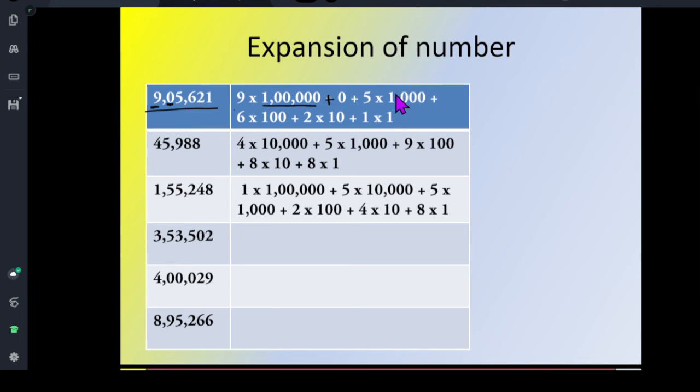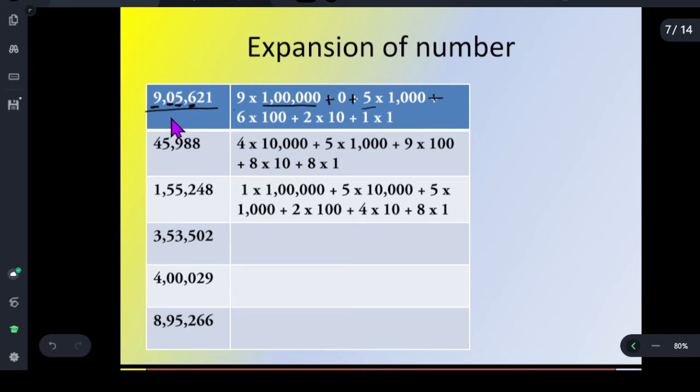So you don't have to write any number. You have to just simply add 0. Then again add. What is the place value of this number? Thousands. And what is the face value? That is 5. So 5 into 1000 plus. Again, what is the face value of this number? 6.